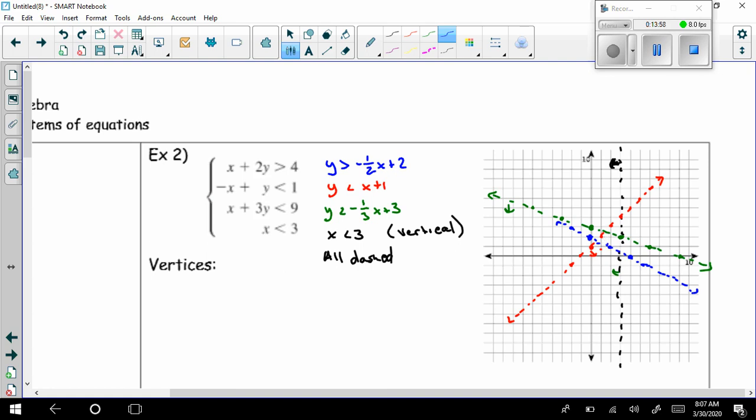So my shaded region is this little bitty trapezoid right here. Okay, so this shaded region is what we're going to call your feasible region.